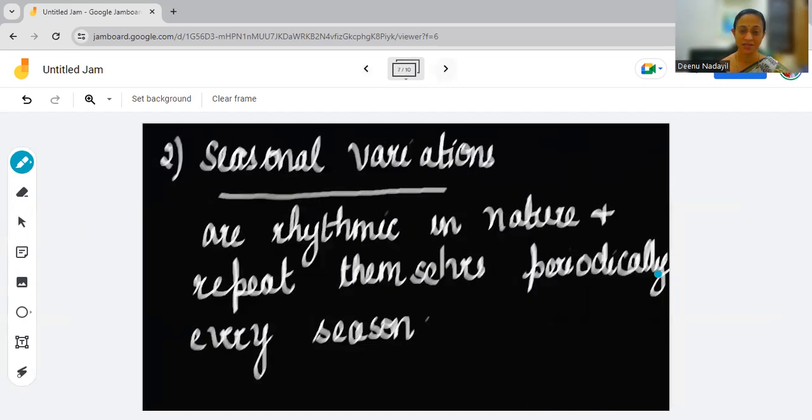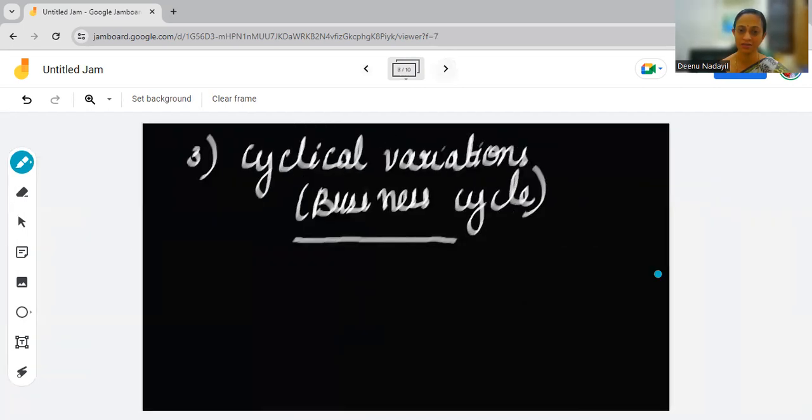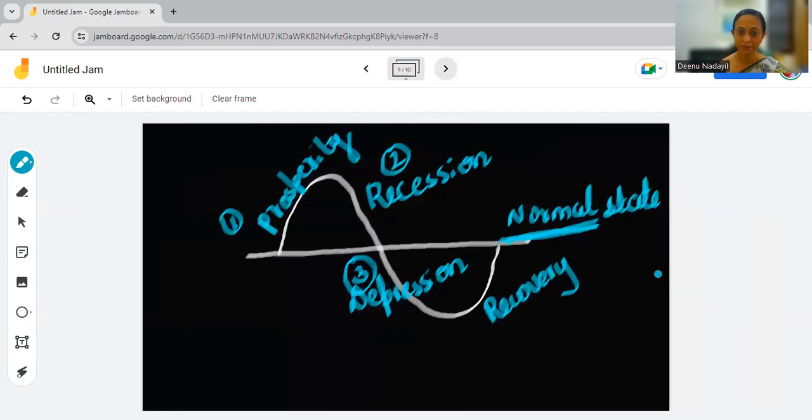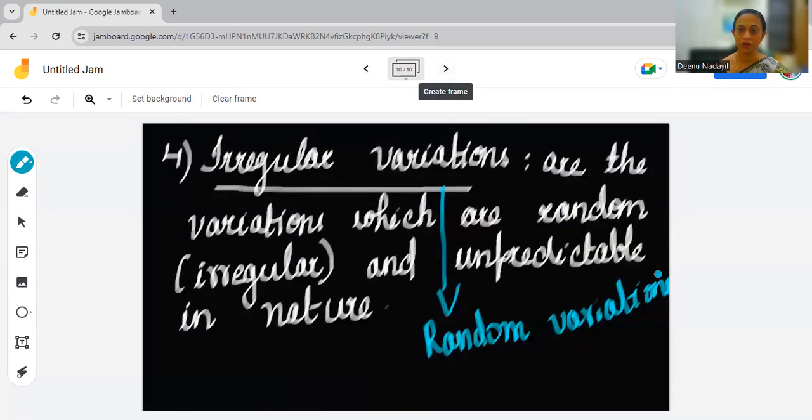Then comes seasonal variations. The third one is cyclical variations, or the business cycle. And the fourth one is irregular variation, also called random variation or random fluctuations, which are unpredictable in nature.